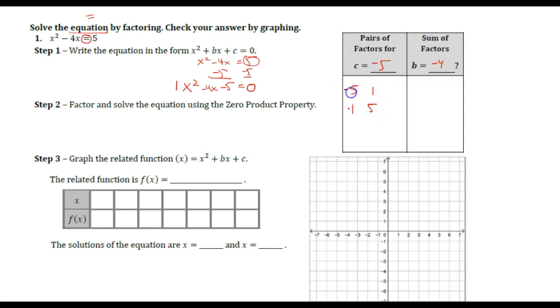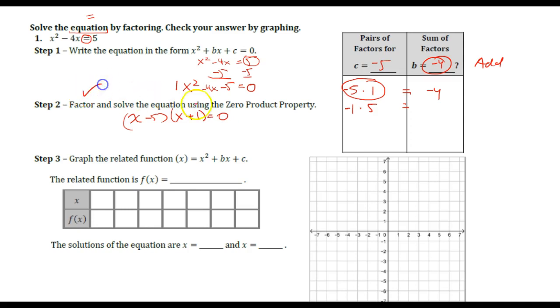One has to be negative, and I'm going to see which one adds to get me negative 4. Try it out, pause, and you should have found that these two factors add to get me negative 4, and that would be x minus 5 and x plus 1.